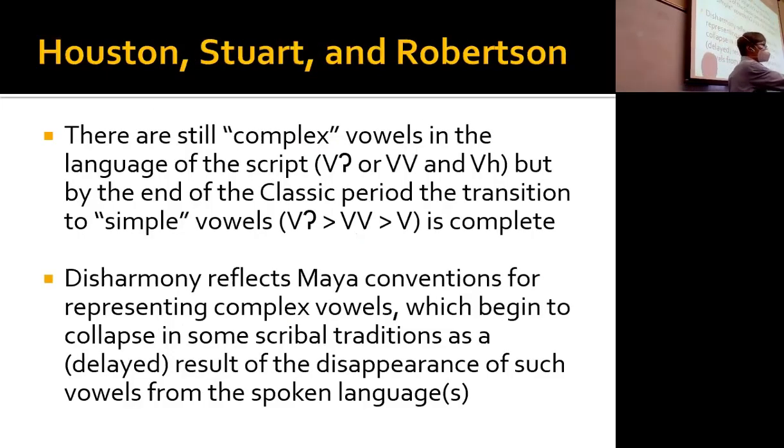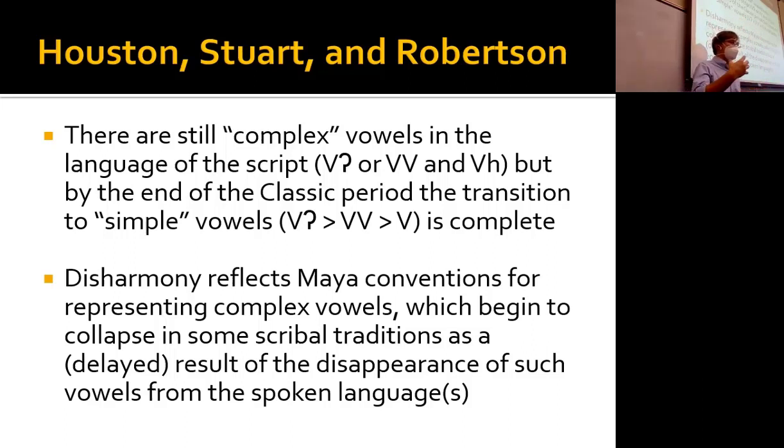From those changes in spelling came the proposal by Houston, Stewart, and Robertson. Houston is more of a theory person, Stewart, of course, is the top Mayanist epigrapher full time, and Robertson is a linguist. Their proposal was that you do have a distinction between words with short vowels and words with other kinds of vowels, say long or rearticulated or glottalized or with soft h.